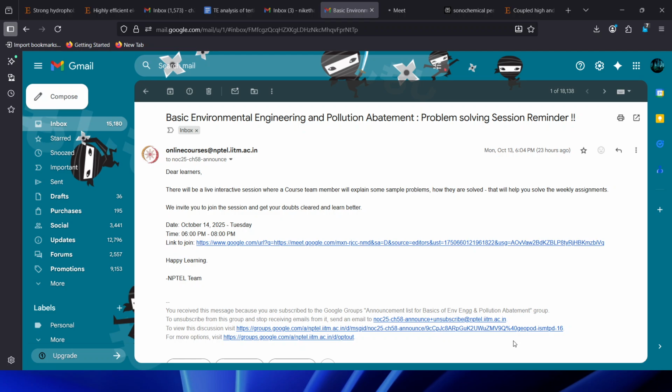So in winters, the storage time should not be more than 72 hours, and in summers, it should not be more than 48 hours. This is the rule for temperate climate.